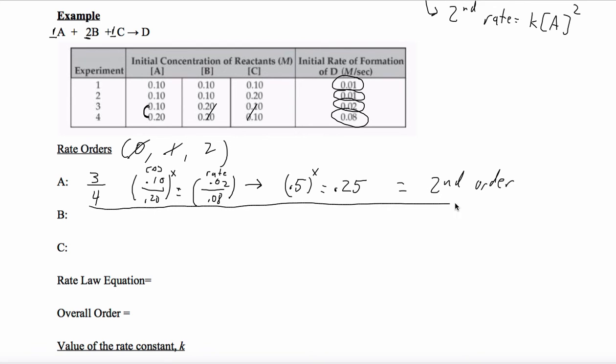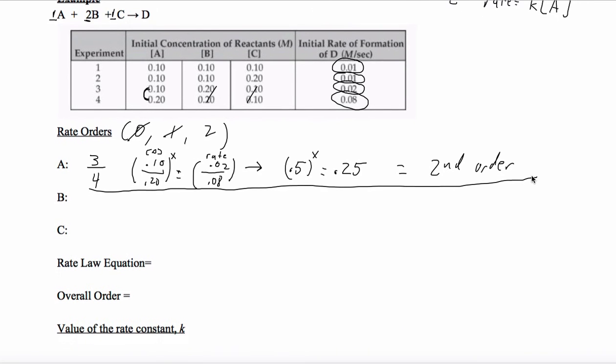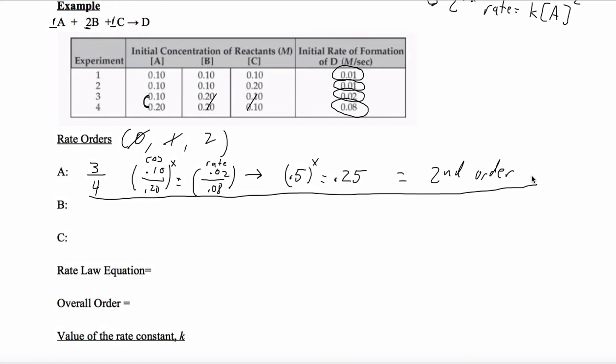So let's go down to B. If we want to study B, it's going to be the same situation. We need to find 2 reactions where B changes and A and C do not. So let's look here. By comparing 1 and 3, B goes from 0.1 to 0.2.